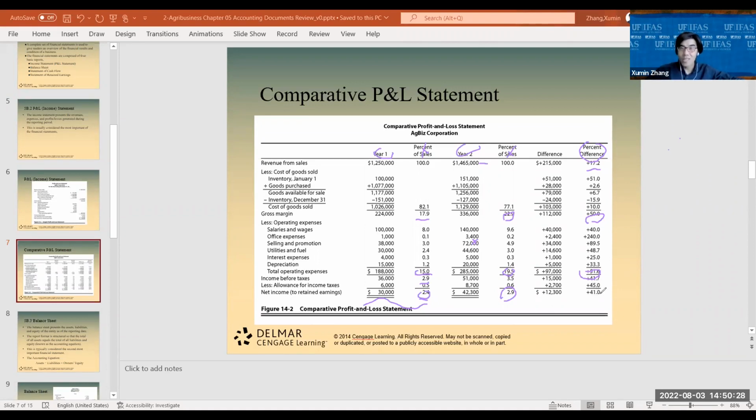Why is it good? Because our sales go up, and also our expense goes up. But the good thing is our net income grows 41%. Those two documents are very important. You need to focus on them.